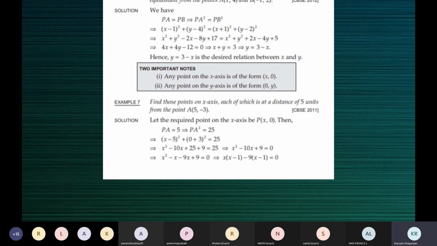All of you getting 1 and 9? Yes, ma'am, 1 or 9. Okay, so that means x can be 1 or 9. So if x is 1, the point is (1, 0). If it is 9, (9, 0). So the point P can be (1, 0) or (9, 0).